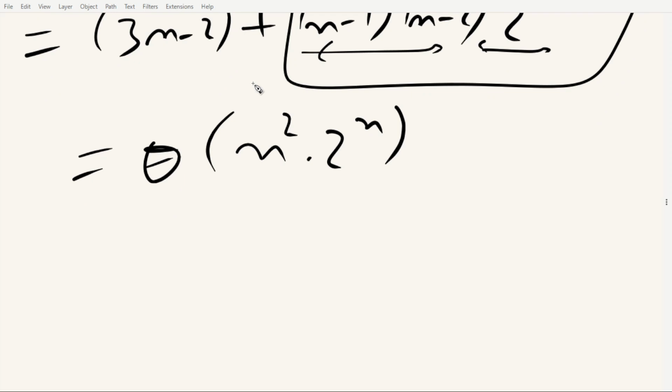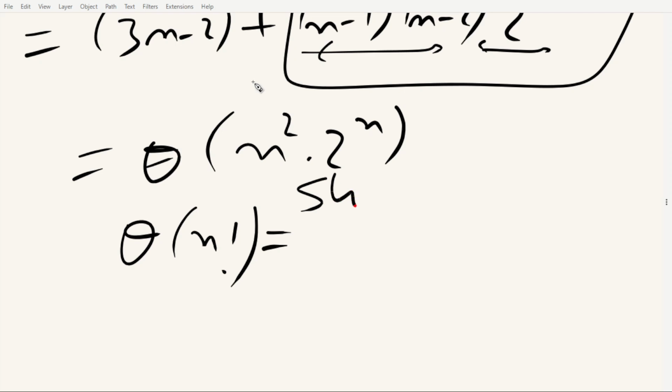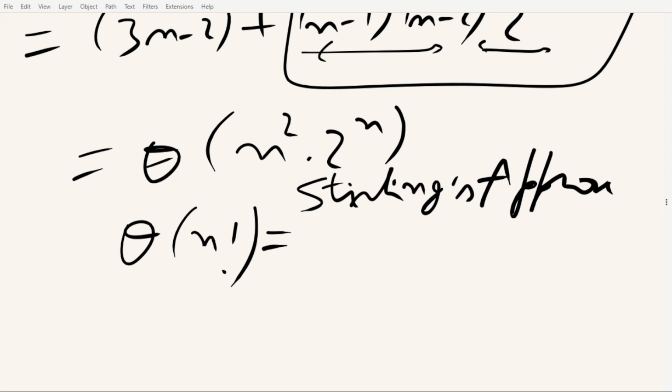Now just compare this with big theta of n factorial. So using Stirling's approximation, we use Stirling's approximation for n factorial.